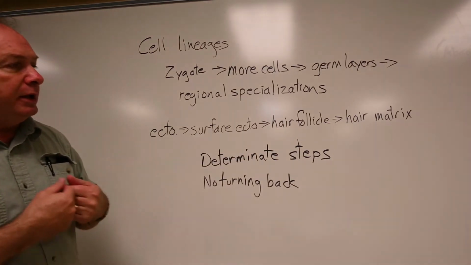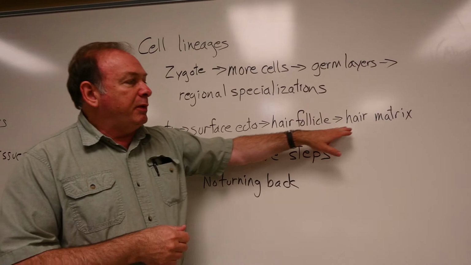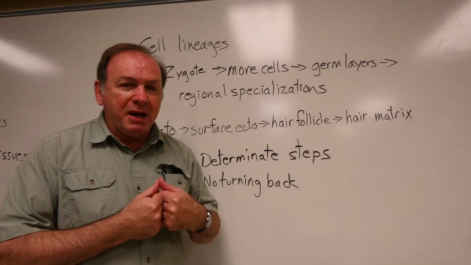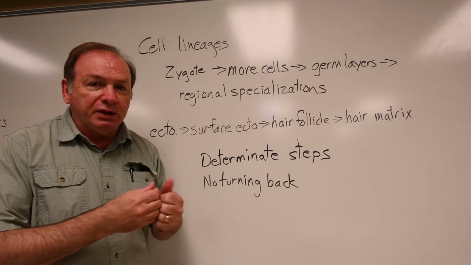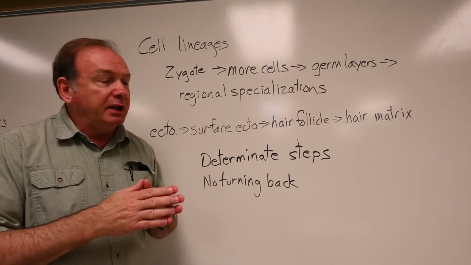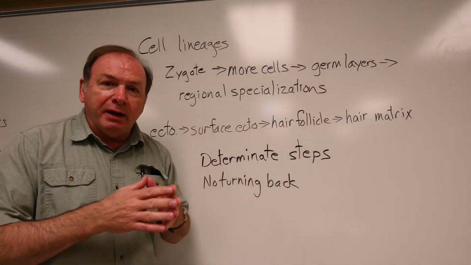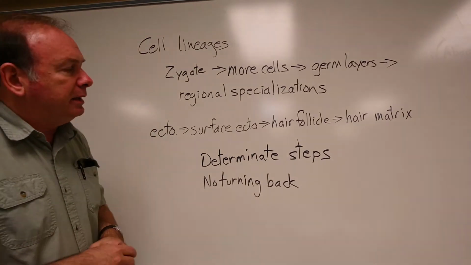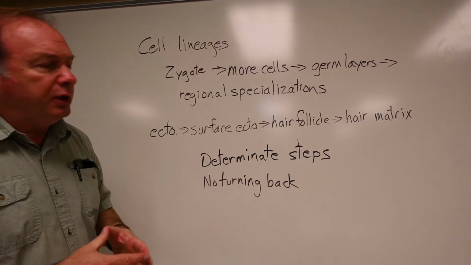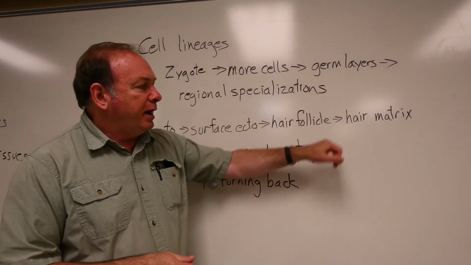They fold in and go deep into the dermis. Some of those down in there might form the hair matrix. Hair matrix cells divide and make more hair matrix cells, and some of those will eventually form the keratinized cells that make up your hair and inner root sheath.